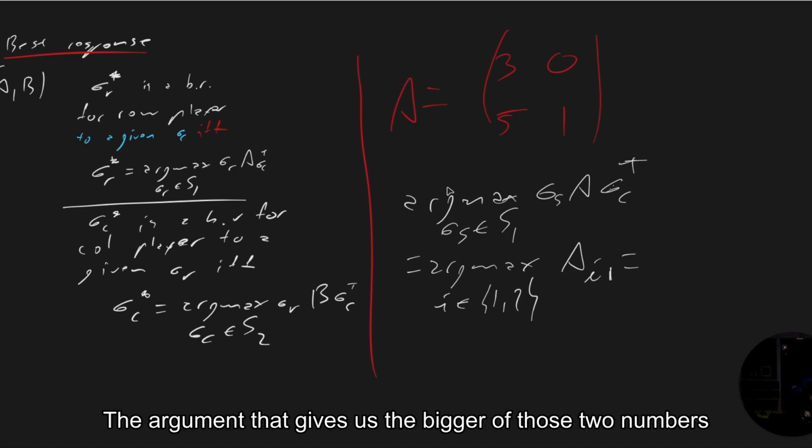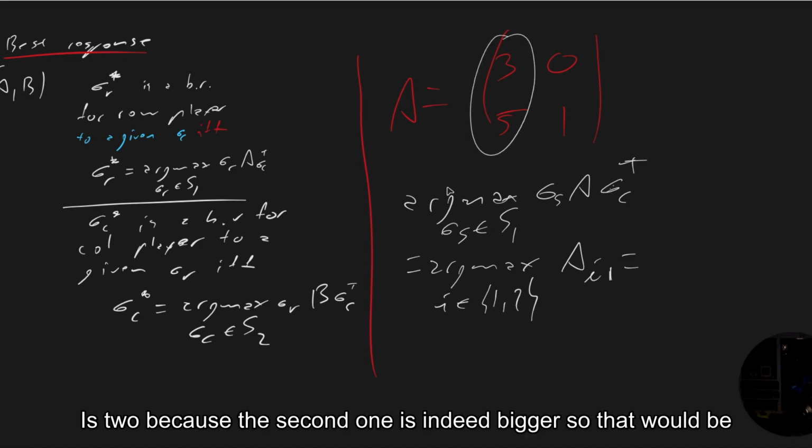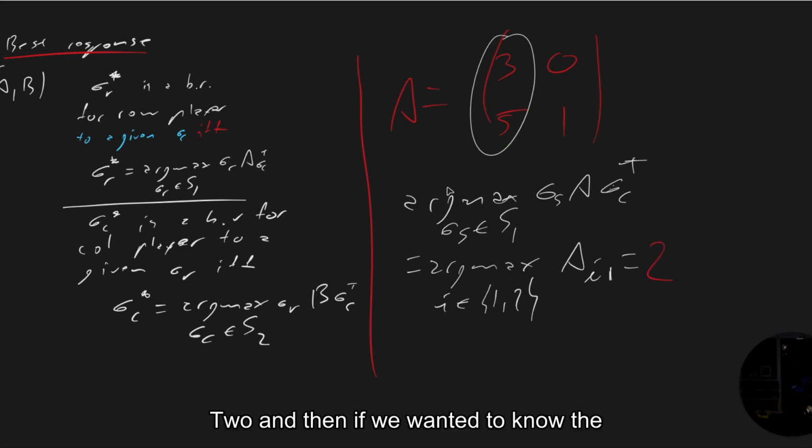And the argument that gives us the bigger of those two numbers is 2, because the second one is indeed bigger. So that would be 2.